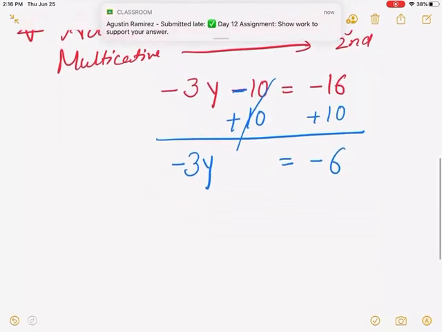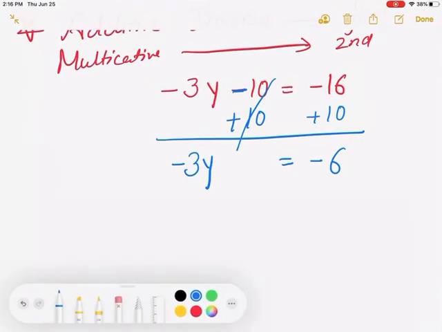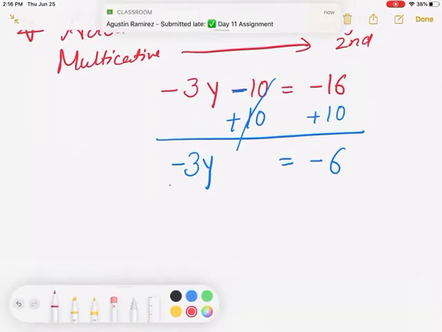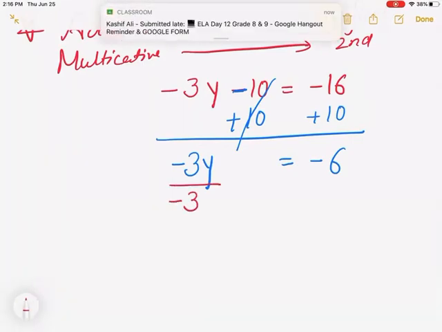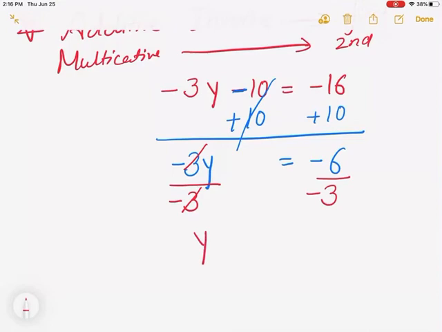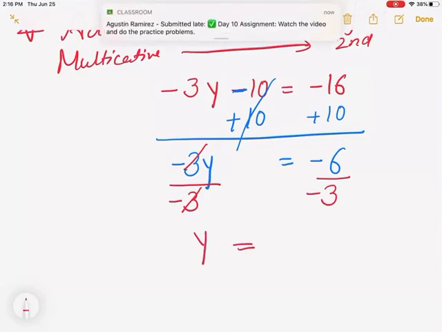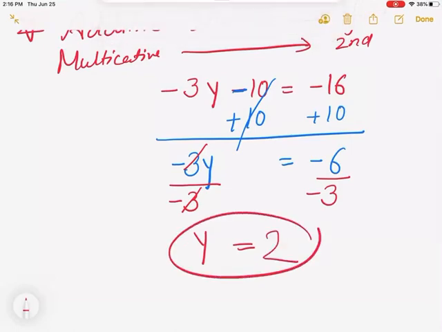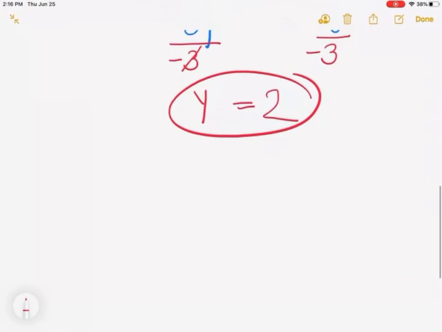Now lastly, this negative 3 is getting multiplied by y, so I would do its multiplicative inverse. That means I would divide by the same number. So negative 3, y gets by itself. Now, negative divided by another negative is a positive number. So 6 divided by 3 is 2. So that's my first example.